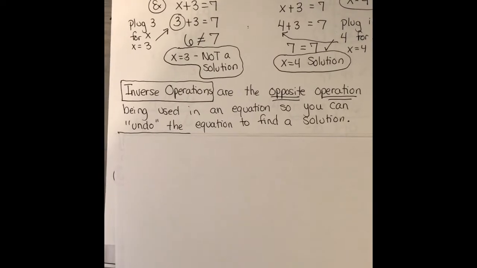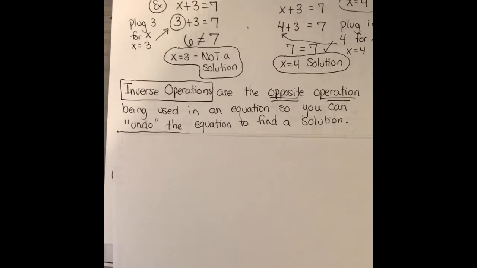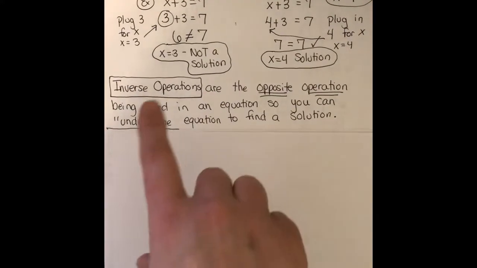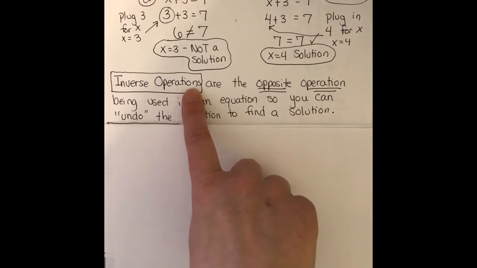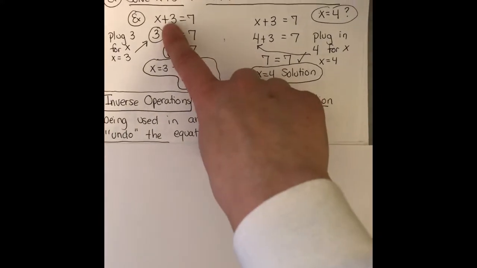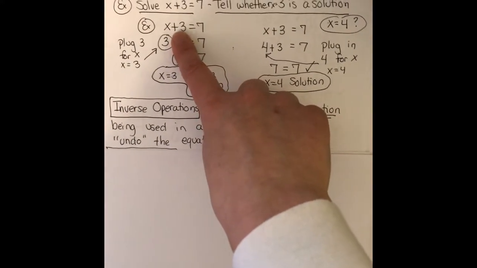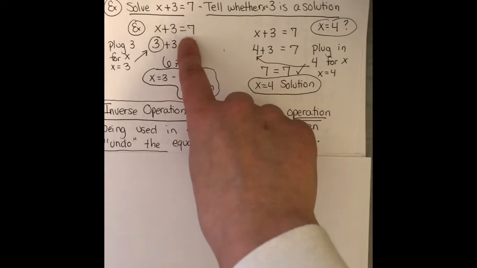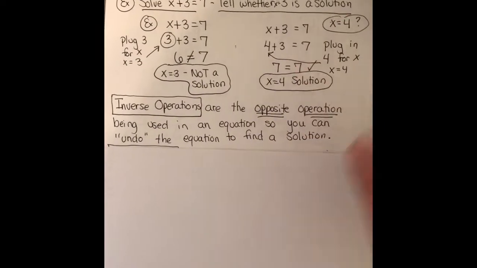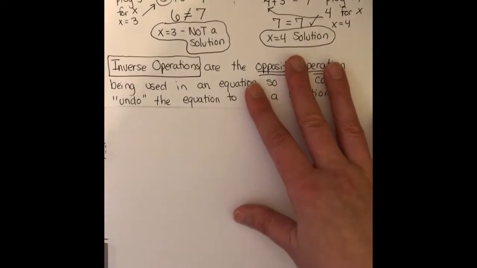We want to solve for that variable, that letter. And we want to find a solution, something that's going to make it true. So lock that in your brain, inverse operations. It means the opposite. So if the equation has addition in it, we're actually going to use subtraction to solve it, and vice versa. If it has subtraction in it, we're going to use addition to solve it.